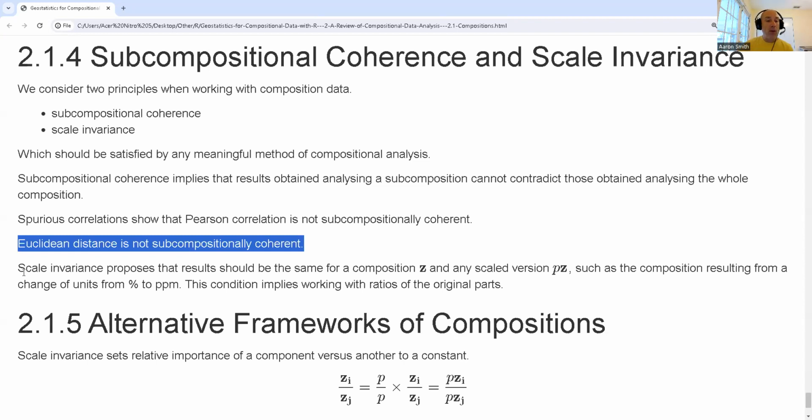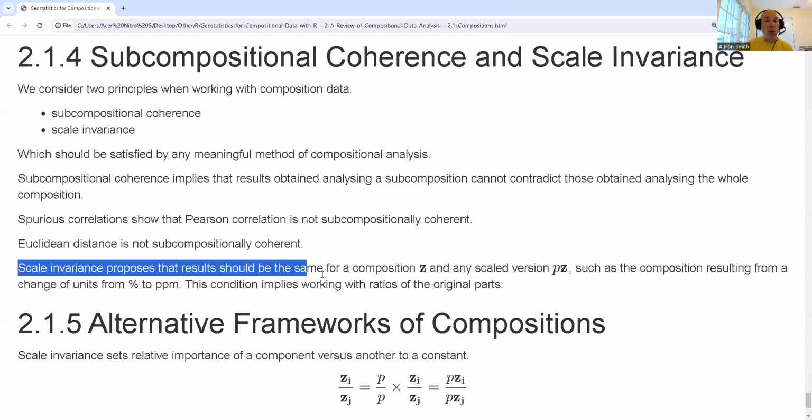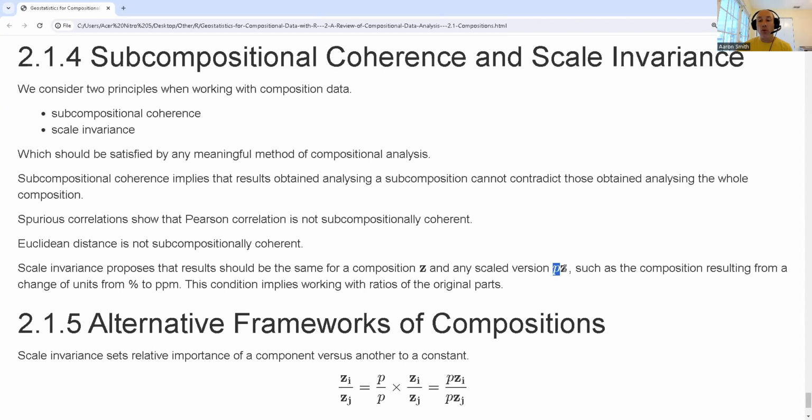So now scale invariance proposes that the results should be the same for a composition or a rescaled version for any constant rescaling scalar, such as the composition resulting from a change of units from percentage to parts per million.